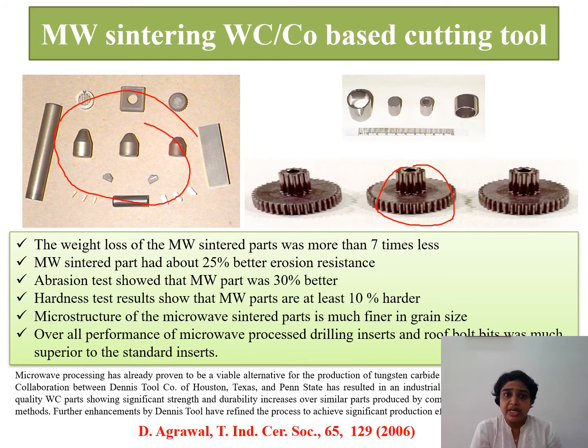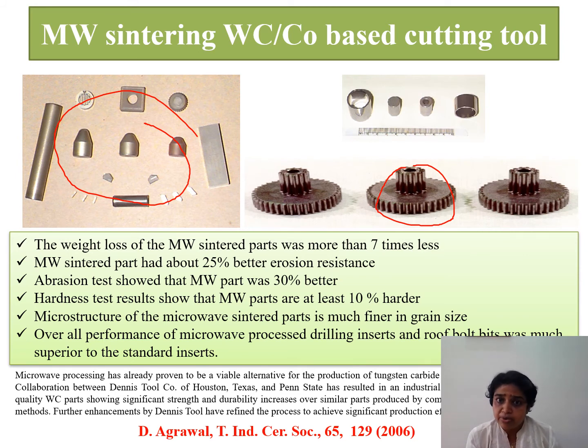What were the findings? The weight loss of the microwave sintered parts was more than 7 times less, because this is very fast, so the evaporation of the material is less. In zinc oxide also, if we go by the conventional method, zinc gets evaporated, and that leads to a non-stoichiometric compound. So here stoichiometry is maintained.